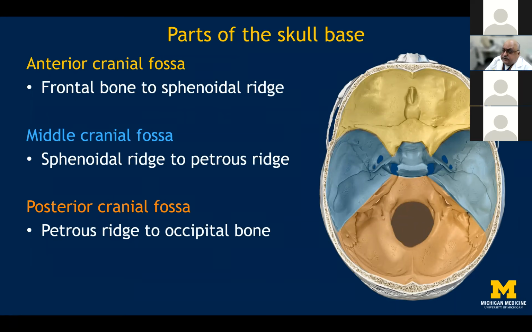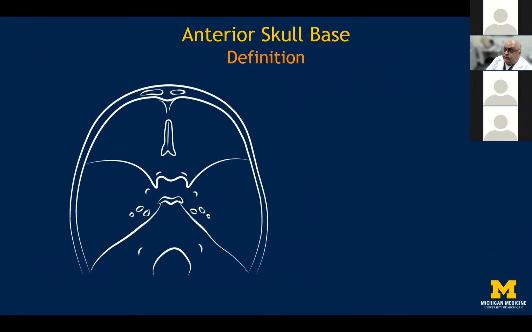Now, broadly speaking, the skull base is divided into three major components, which actually define the intracranial compartments: the anterior cranial fossa, which is limited from the frontal bone to the sphenoid ridge; the middle cranial fossa, which extends from the sphenoid ridge to the petrous ridge; and the posterior cranial fossa is bridged by the petrous bones and the occipital bones posteriorly.